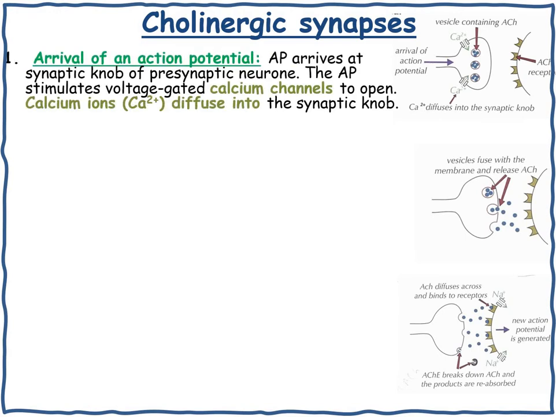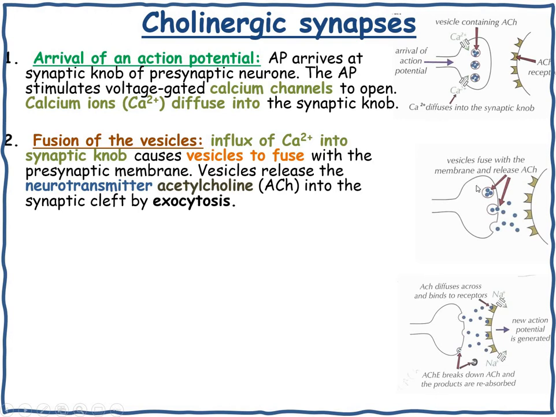So the first thing is that the action potential arrives at the end of the presynaptic knob of the presynaptic neuron. This stimulates voltage-gated calcium channels to open, and therefore calcium diffuses into the synaptic knob.